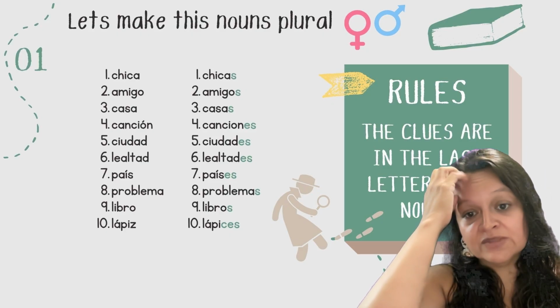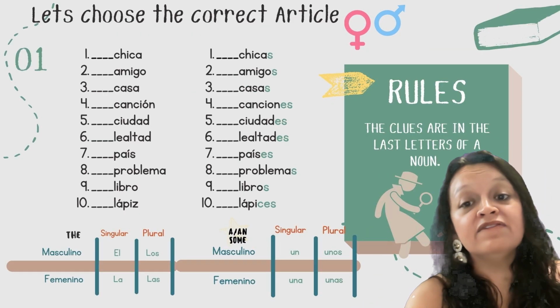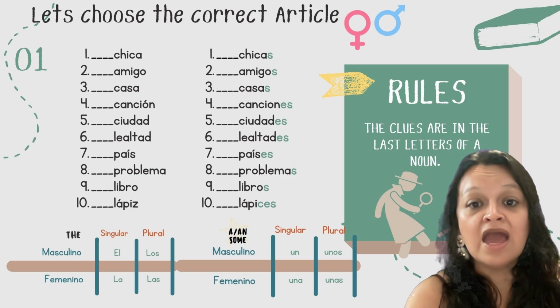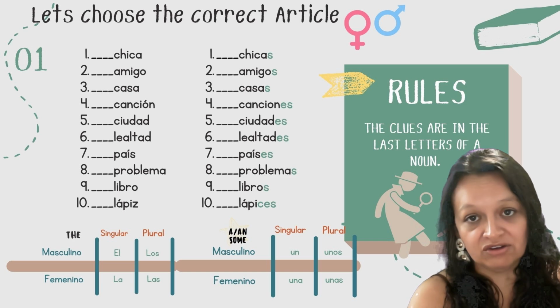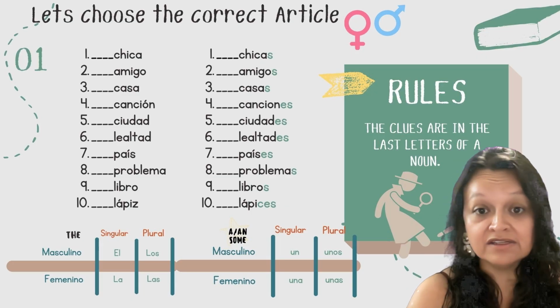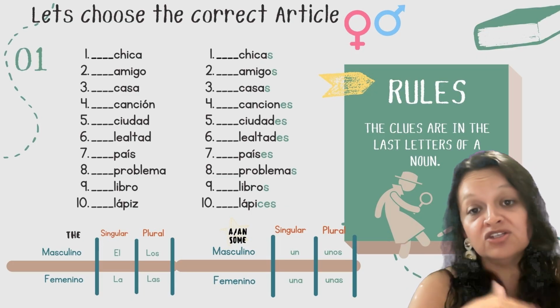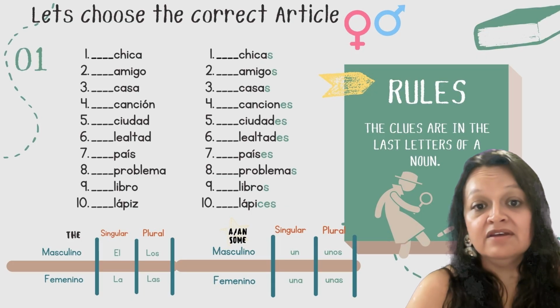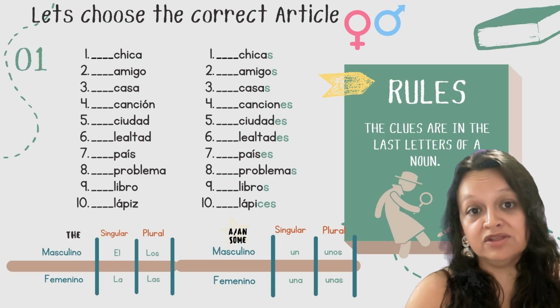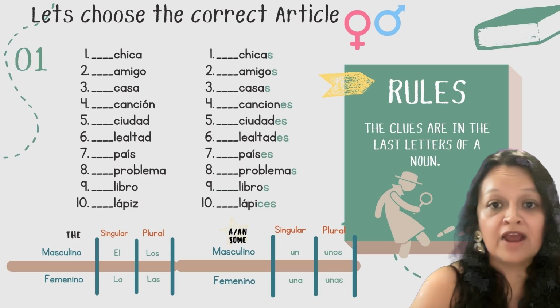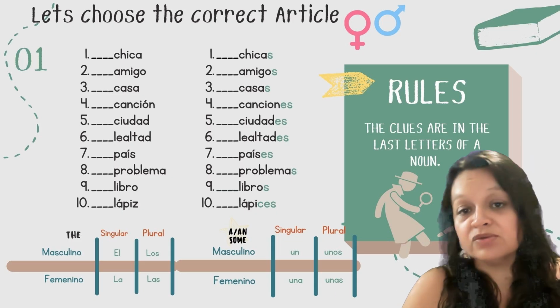And the next page, this one doesn't have the answers, this is for you to do. I want you to add the definite and the indefinite article for each noun. Same list. Now you have in total 20. You have 10 of the words that are singular and the same 10 words in plural. So you have girl, girls, friend, friends, house, houses, right?